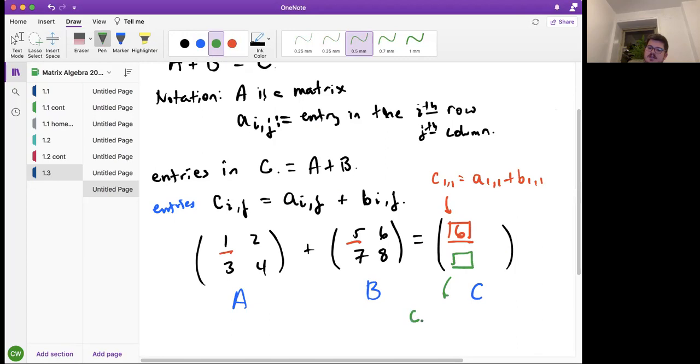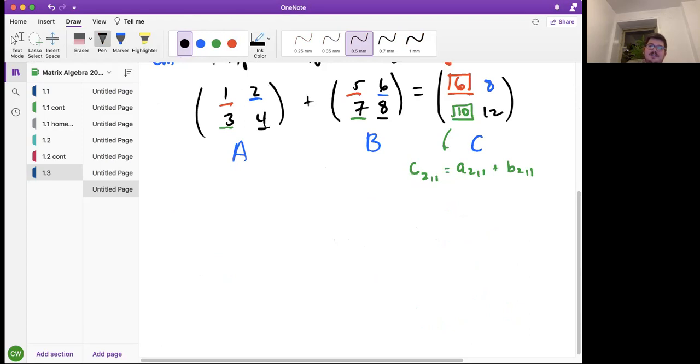So it's C21 is equal to A21 plus B21. Yeah, you asked a good question. What if they have different dimensions? Etc. So this one would be 8, and this one would be 12.